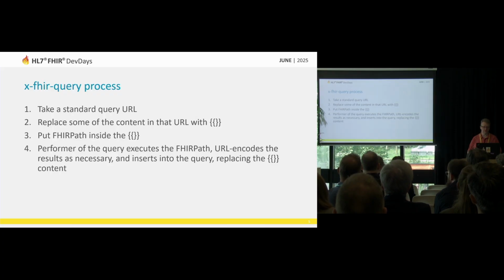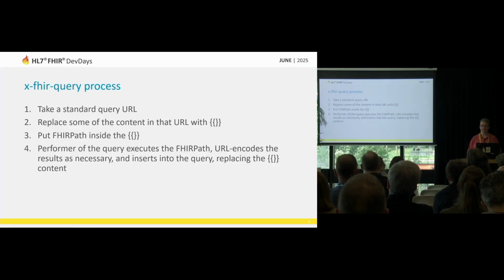There might be variables defined elsewhere that might be accessible inside your FHIRPath, maybe other queries that you've already run, and then execute that FHIRPath, take whatever the results are, and shove that in place of whatever was inside the curly braces.